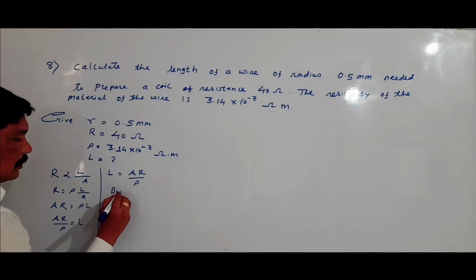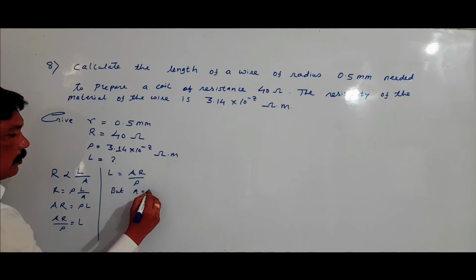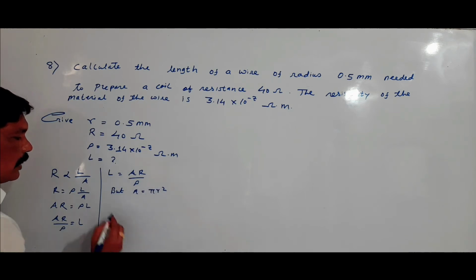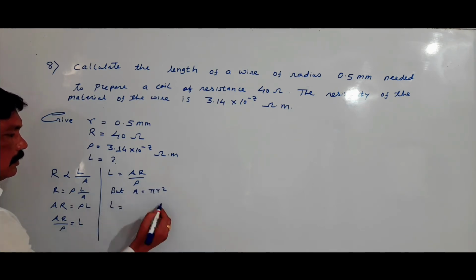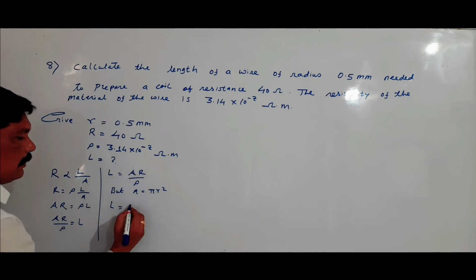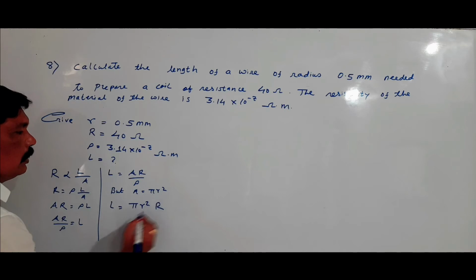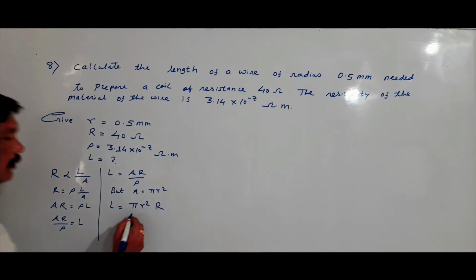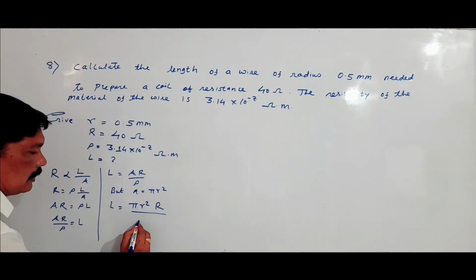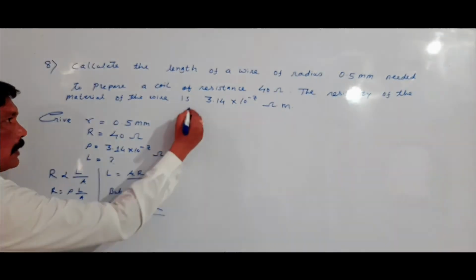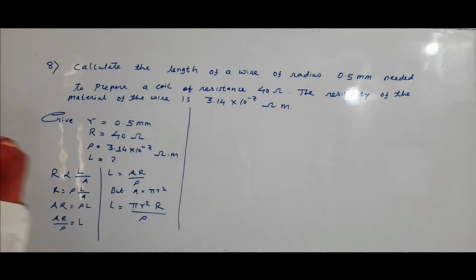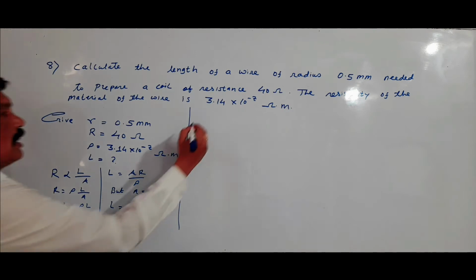But area we know, pi r square. So L is equal to, in place of A we will write pi r square into resistance of a wire divided by resistivity of a material.